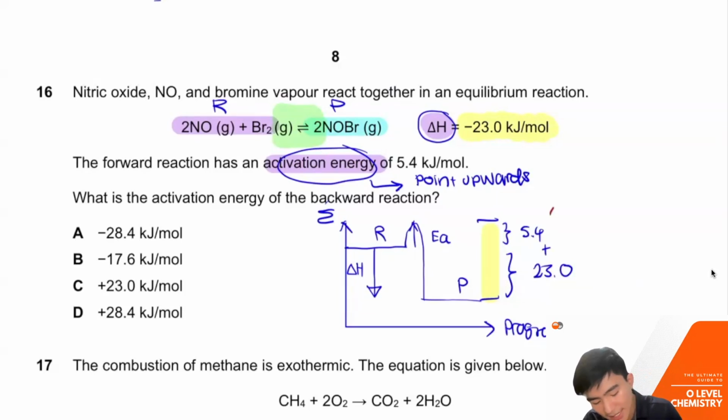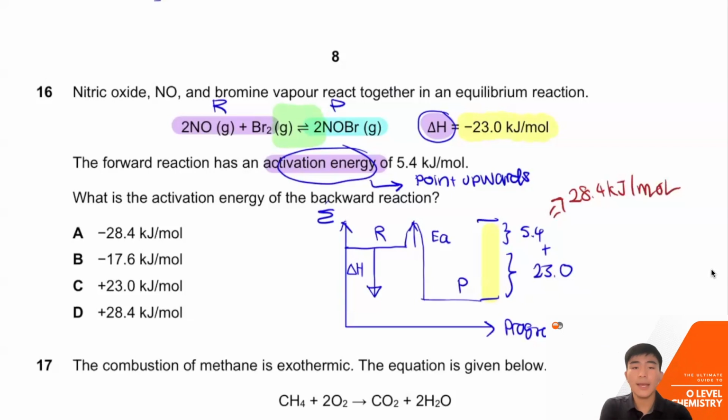You will realize that it gives me an answer of 28.4 kilojoules per mole. Now, remember the energy changes chapter, energetics: the direction of energy transfer is indicated by the positive or the negative sign. So the positive negative can be added in at the last part.